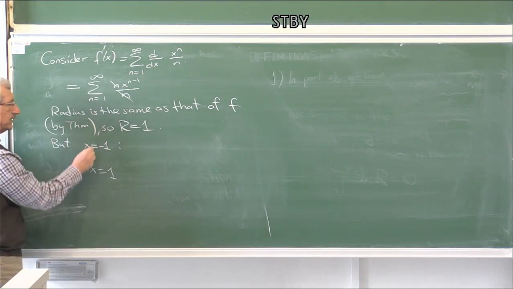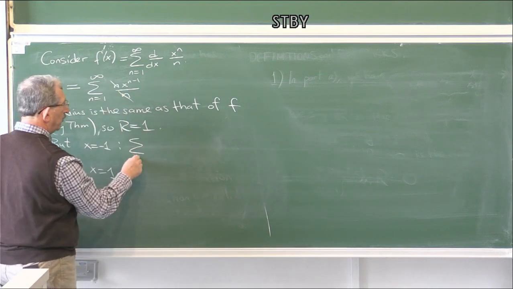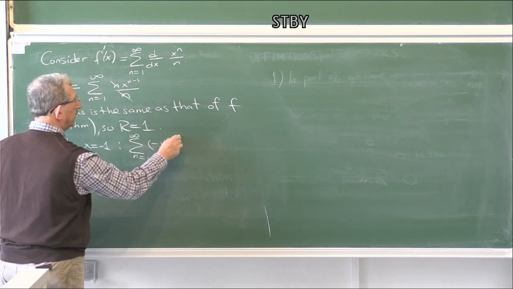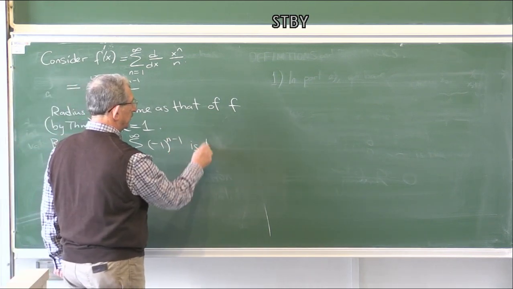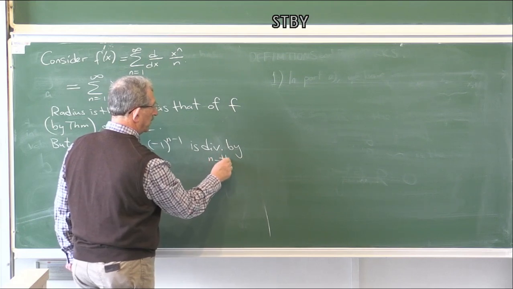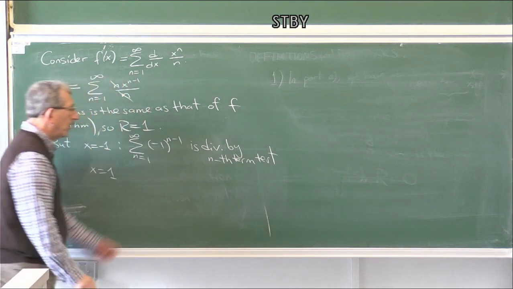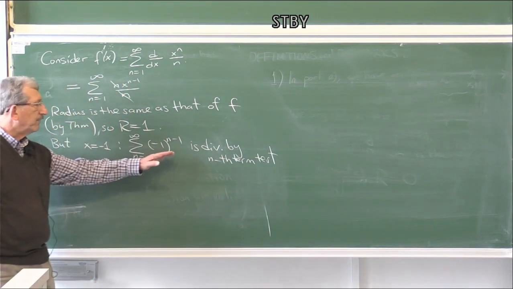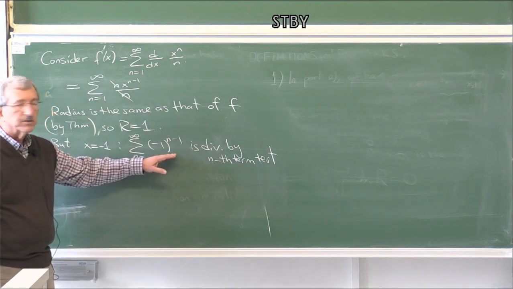In this case, we have the sum from n equals 1 to infinity of minus 1 to the n minus 1. Well, clearly this is divergent, because minus 1 to the n minus 1 does not have a limit in the first place, hence its limit is not 0.